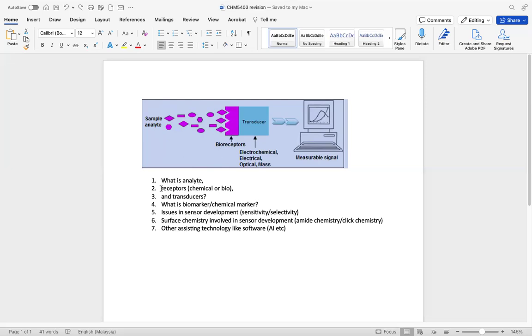we have also discussed receptors. Sometimes receptors are known as chemical receptors or bioreceptors, and sometimes by other terms, but I prefer to use receptors because that fits the picture here.